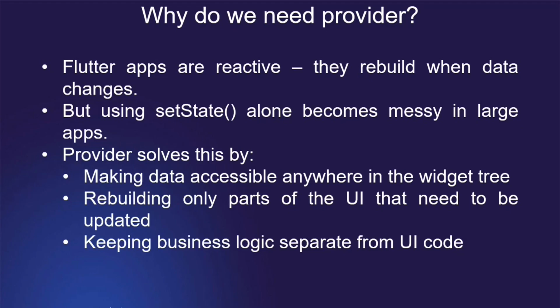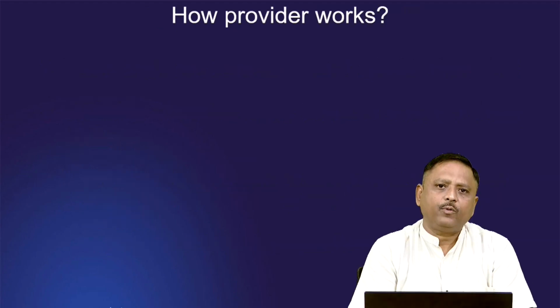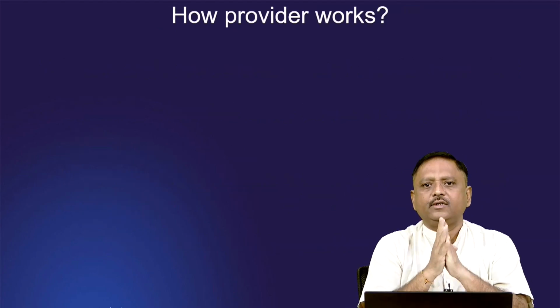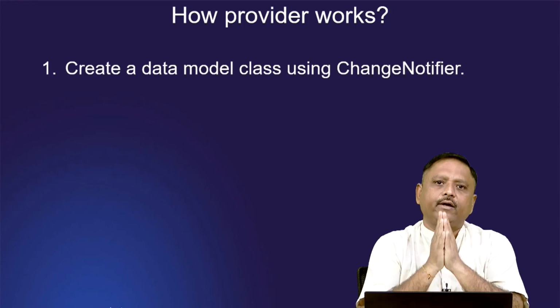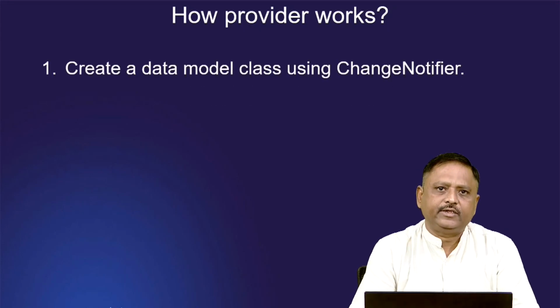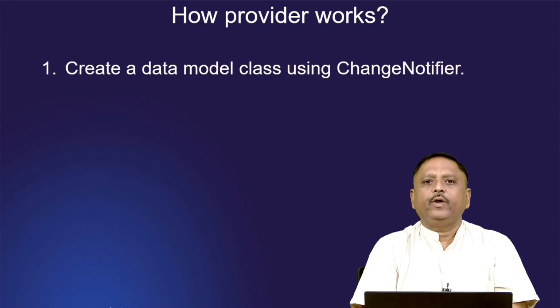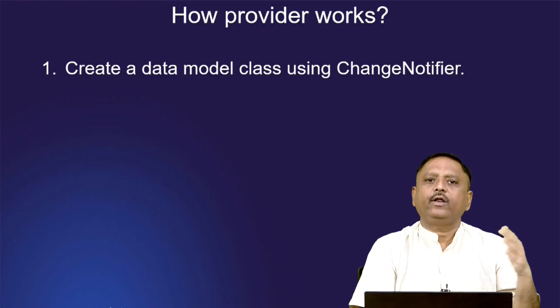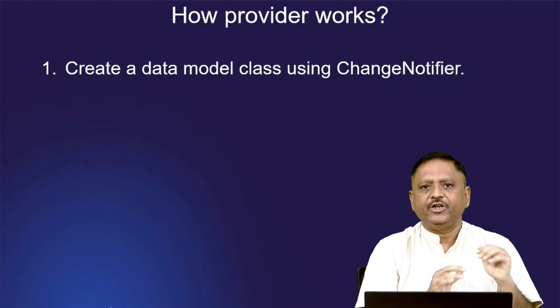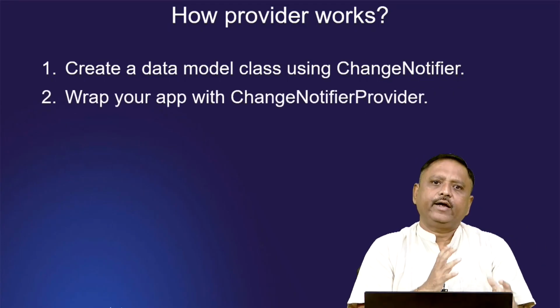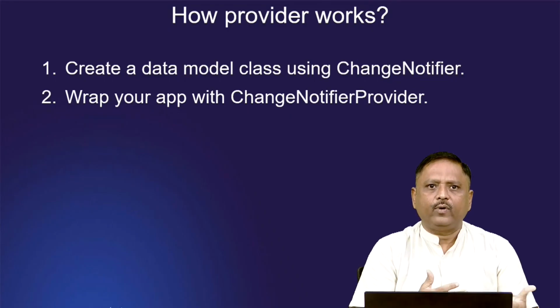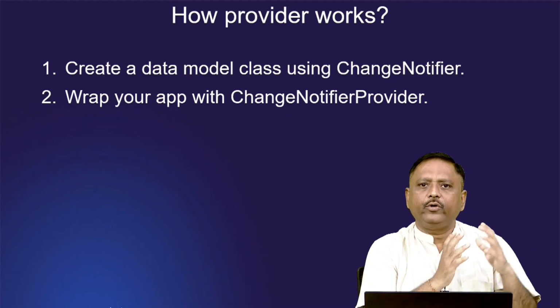So let us try to understand how provider works. Let us see how provider works in 4 simple steps. First, create a data model class using ChangeNotifier. This class will hold your app state and notify listeners when data changes. Second, wrap your widget tree with ChangeNotifierProvider to provide the model to your app.